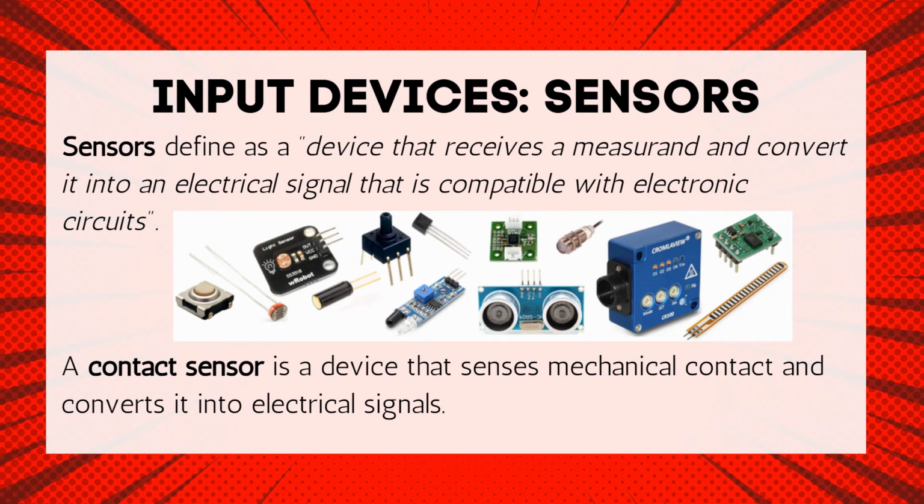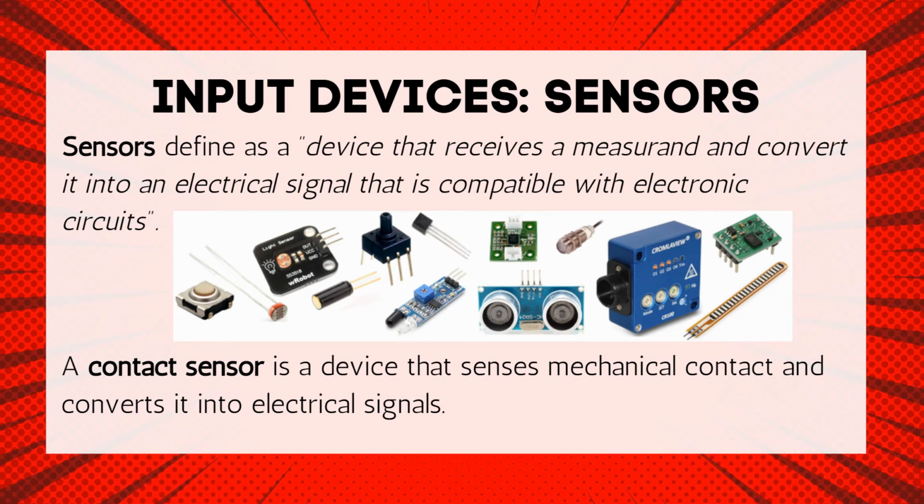The measurand can be light, motion, pressure, heat, or chemicals. The active element of a sensor is called a transducer. A transducer is a device that converts one form of energy to another.